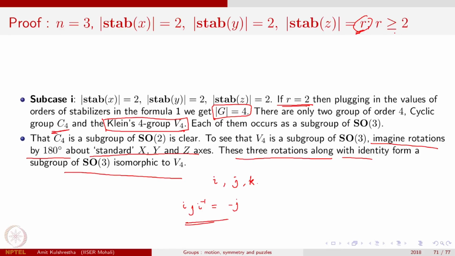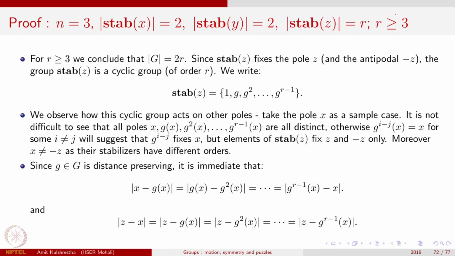So here r was greater than or equal to 2. So this was the r equal to 2 case. If r is greater than or equal to 3, then what happens? That's where we make use of the fact that G is an isometry. G meaning the elements: if I pick an element of my group, then it is an isometry, that is, it keeps the distances preserved.